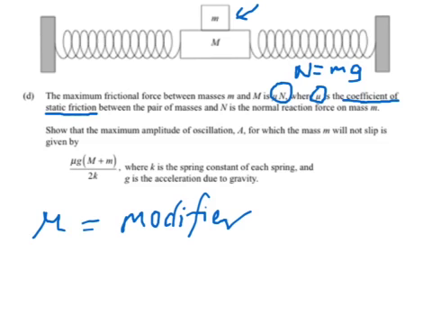So what we're dealing with is the force that would be used to slide the m. The minimum force required would be the coefficient of static friction times small m times g, because mg is the normal force.